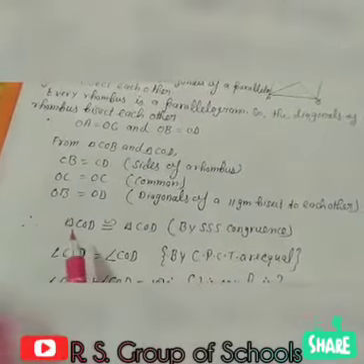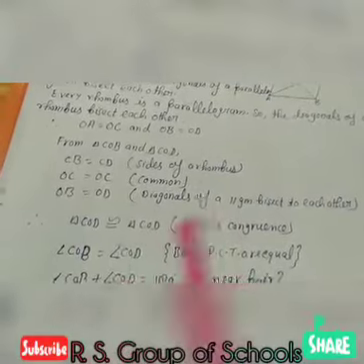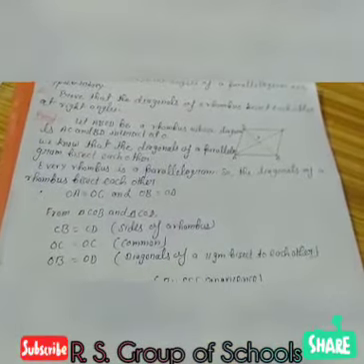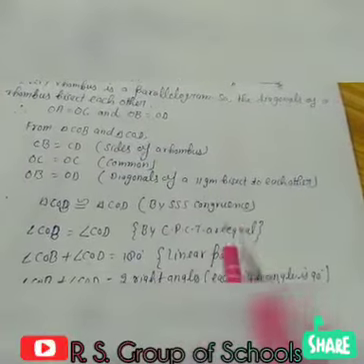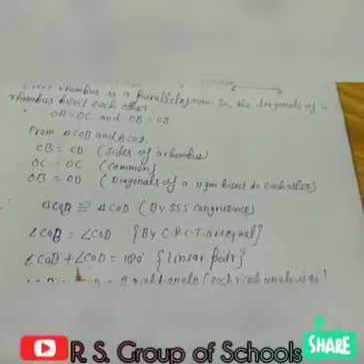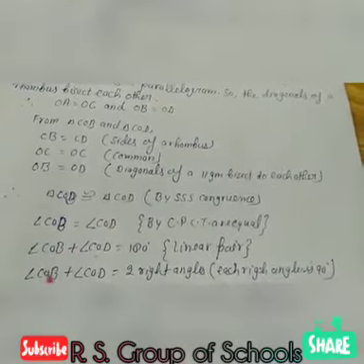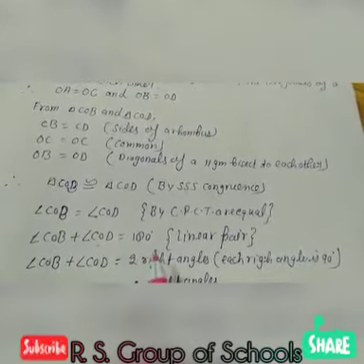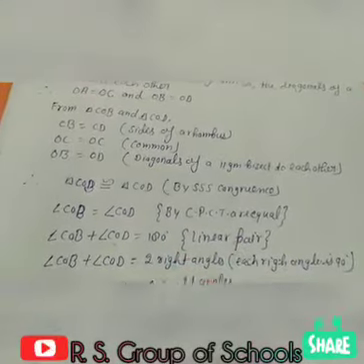So triangle COD is congruent to triangle COB by side congruency. Angle COB plus angle COD is equal to 180 degrees, linear pair.